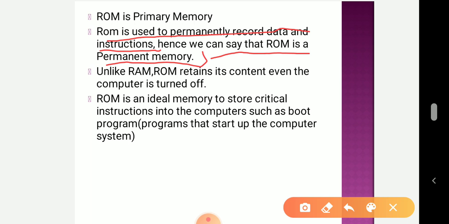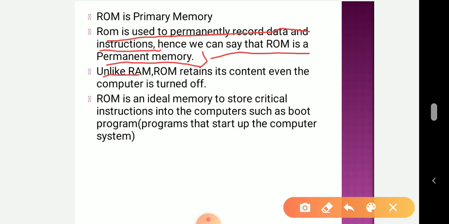So that's the reason ROM is called permanent memory. Why is ROM called permanent memory? Because in ROM all the data is stored permanently.